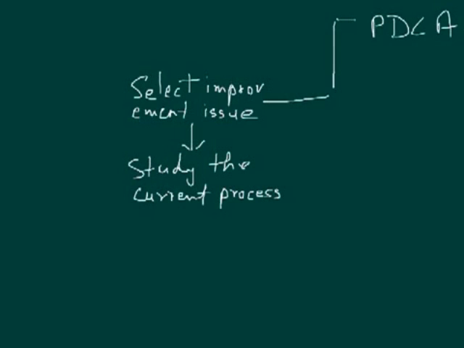At the same time, you can do some Pareto charts just to see which is the highest problem area, and then work on the highest bar first and then proceed to the other ones.